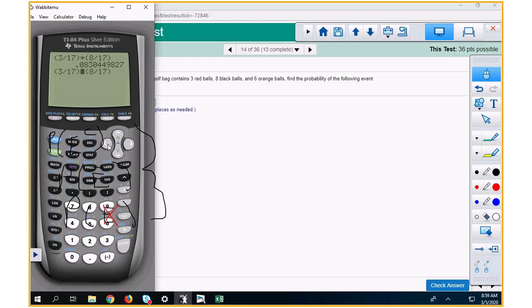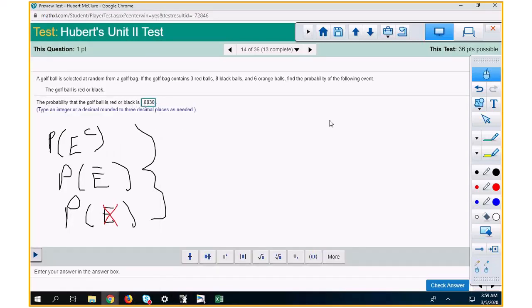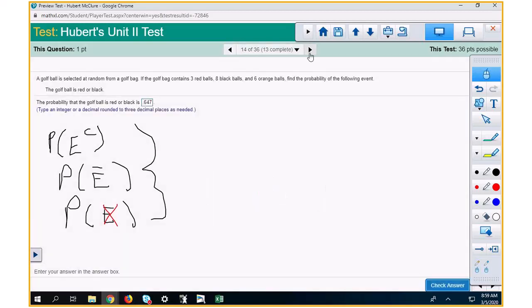Thank you. Whoever said that. There we go. How about 0.6471? It's 3 decimal places, not 4. 0.647. Thank you. There, we feel better about ourselves.